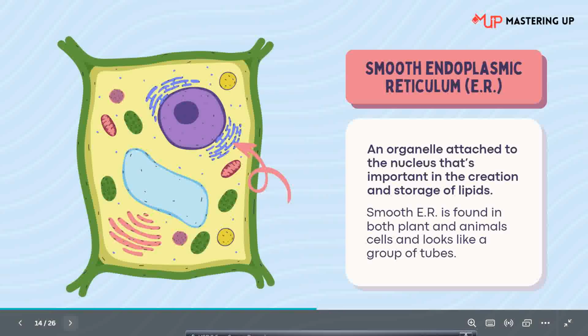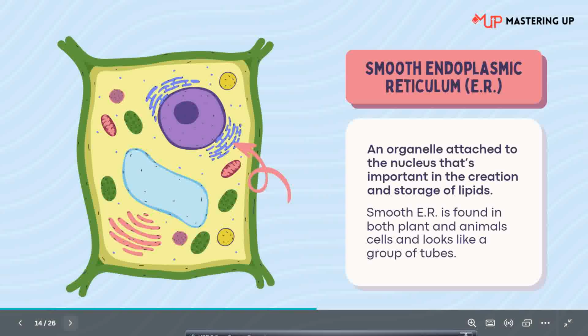Now smooth endoplasmic reticulum is not attached immediately to the nuclear membrane, and it doesn't have ribosomes over it. So the structure is smooth, that's why it is called smooth endoplasmic reticulum. But due to the presence of ribosomes, the rough endoplasmic reticulum is named rough because it has a rough surface.